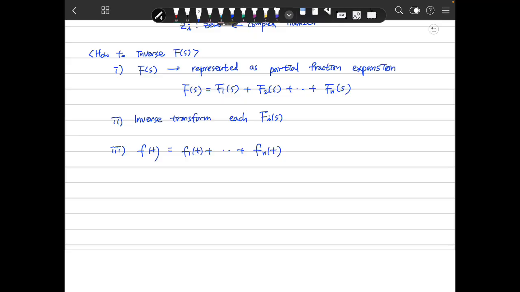That's very simple, but the new thing here is the partial fraction expansion.